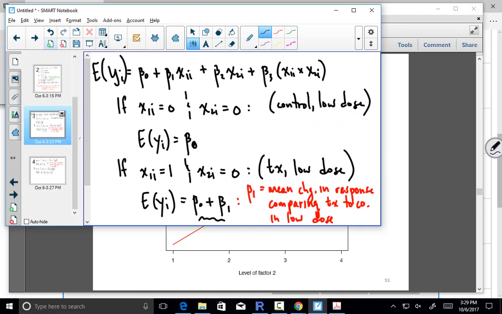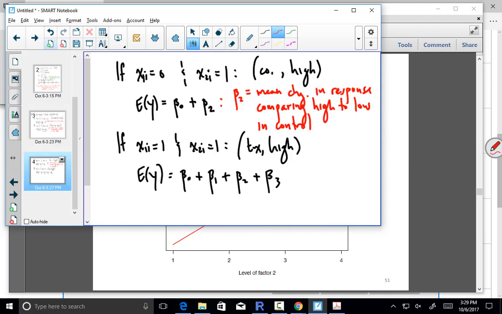So let me come back up here. Beta 0 here is the mean response in the control, low dose group. Beta 1 is a mean change in response. It's comparing treatment to control in the low dose group.